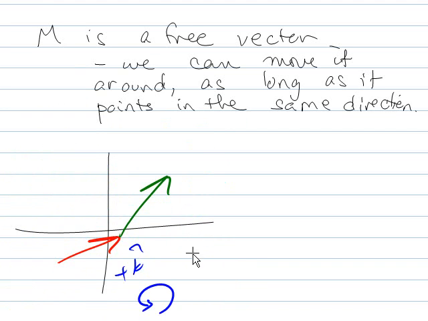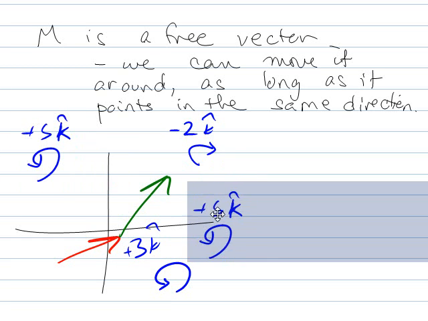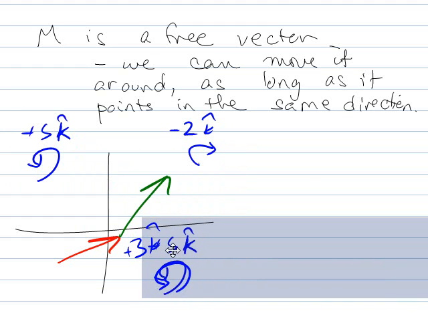A result of that is that if I've got a 3 moment over here, and a couple moment over here that's supposed to be a K, and another couple moment over here, I can move them around, and I can in fact move them right on top of each other.